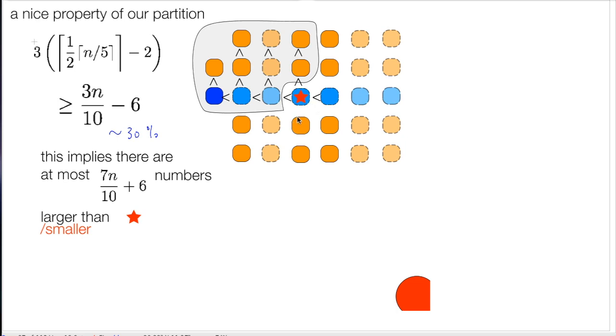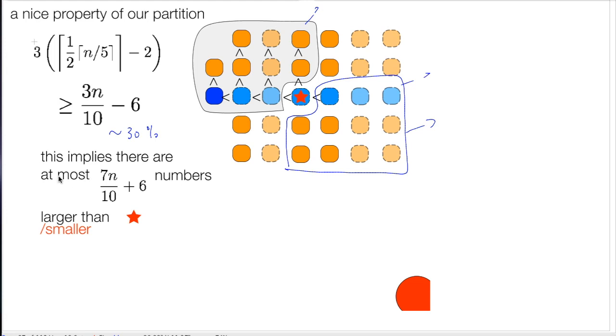One can also do an argument on this fraction right there: roughly 30% are going to be larger. This gives us the guarantee that we need. This median of medians idea gives us a partition element that has roughly 30% smaller and roughly 30% larger. It's exactly a good element for partitioning.